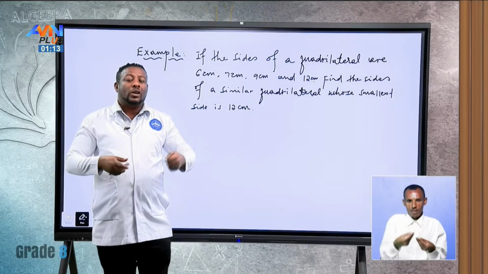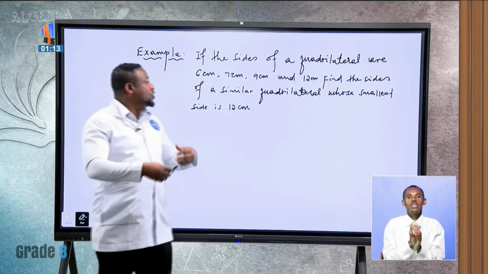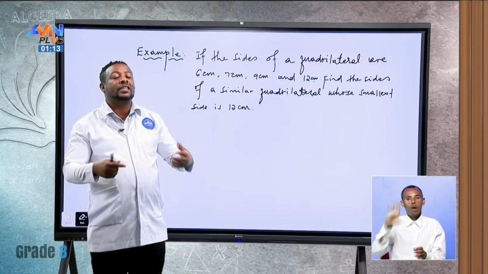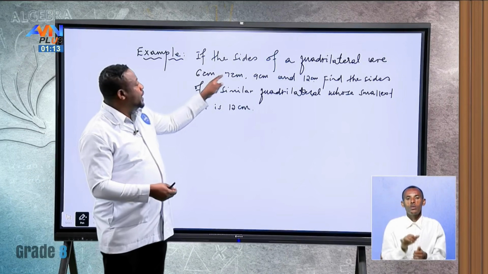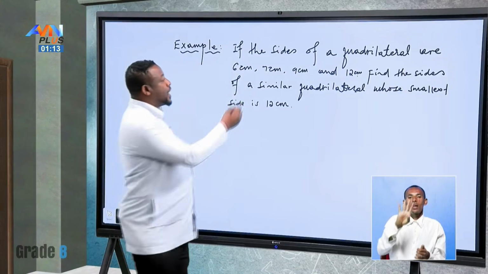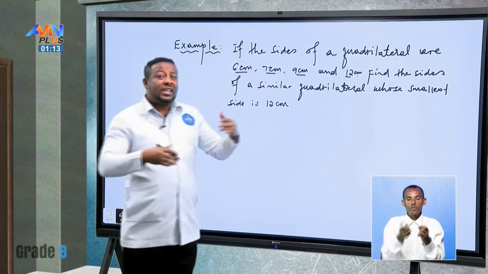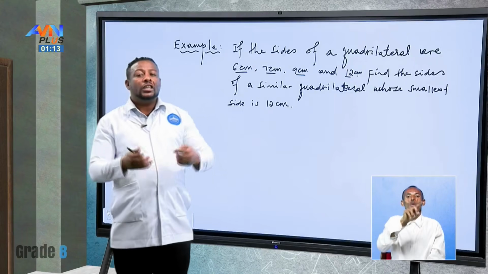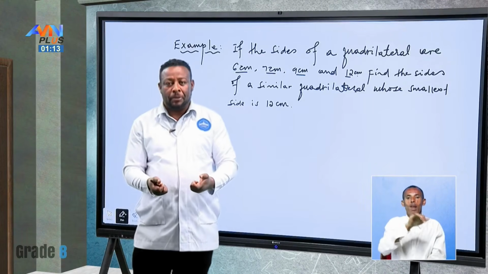What we are going to do is calculate the remaining 3 unknown sides of a certain quadrilateral, which is similar to the quadrilateral whose sides are given here. So to answer this question, we need to properly apply the definition of similar polygons.